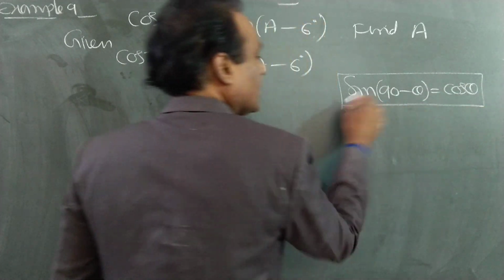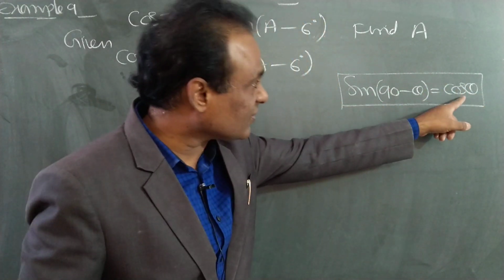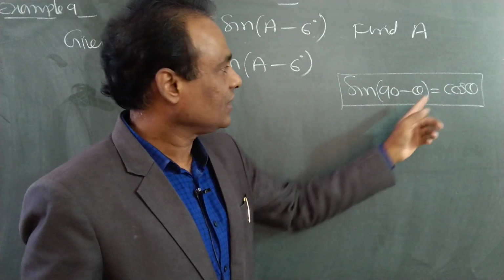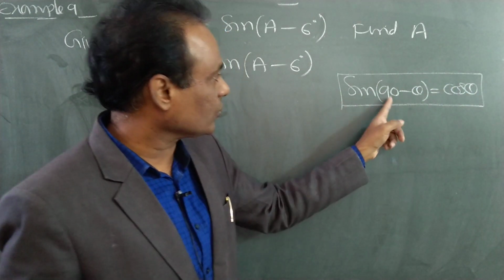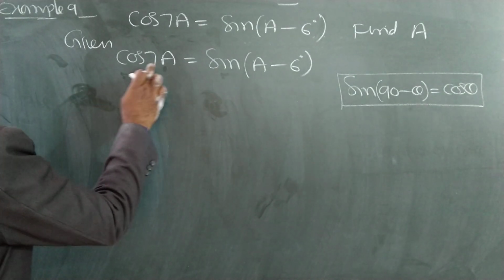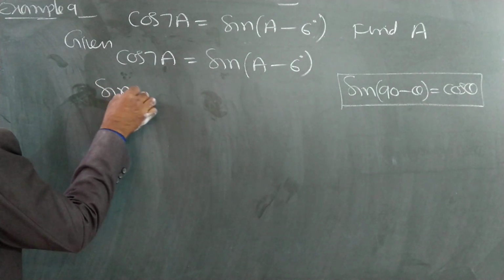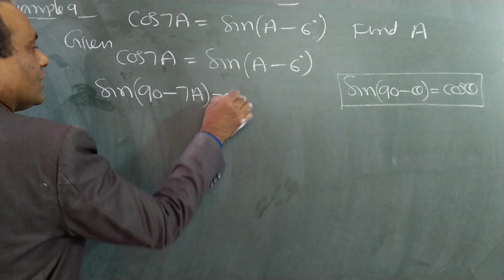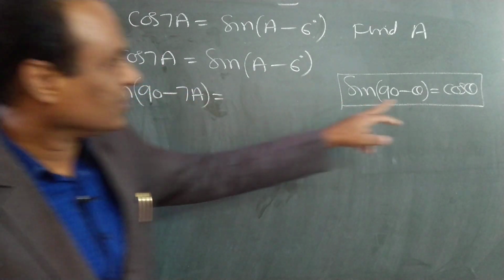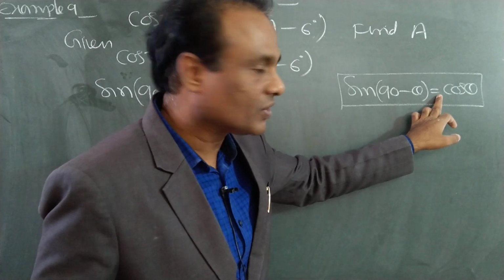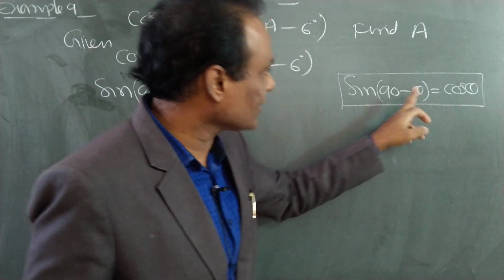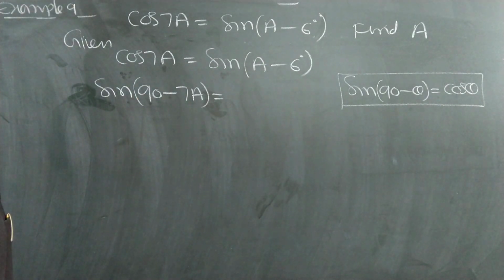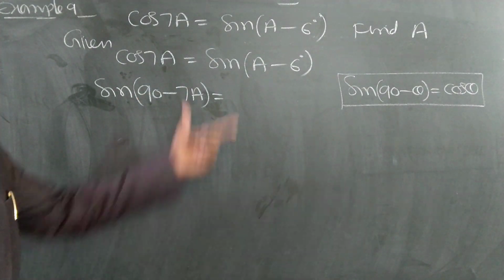Used in reverse, cos theta is equal to sin of (90 minus theta). So cos 7A is equal to sin of (90 minus 7A). Right side same.